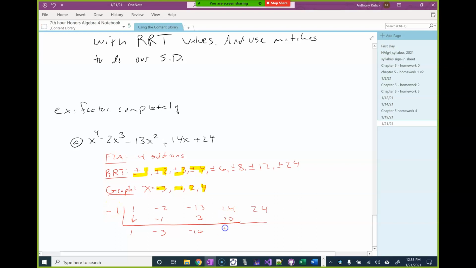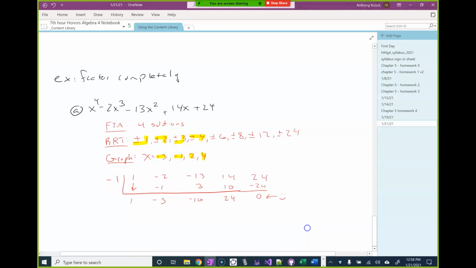So what this tells me then is x plus 1 is a factor. Where's the x plus 1 coming from? The fact that that gives me a remainder 0. Remember that this is like x minus a negative 1. So that's why the sign is flipping from negative 1 to positive 1.